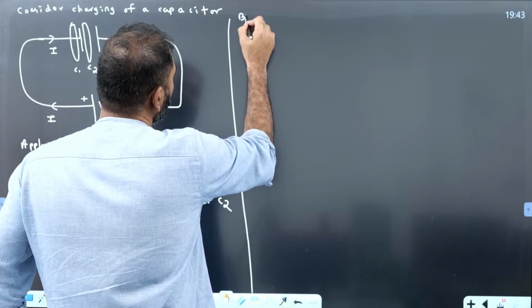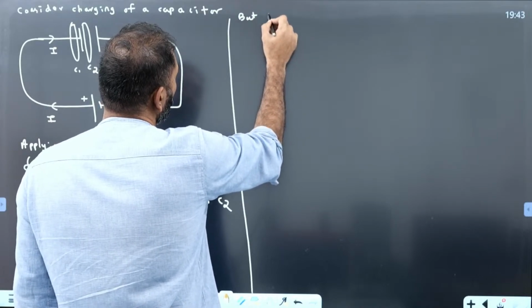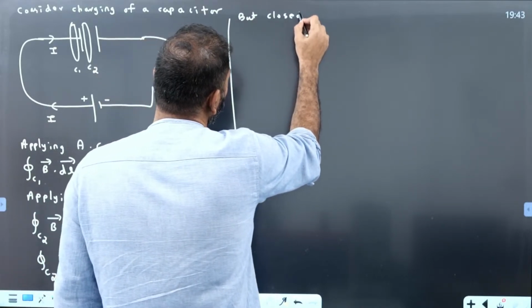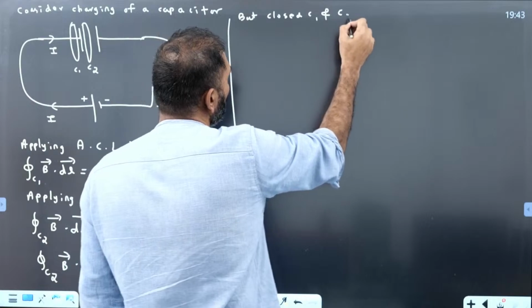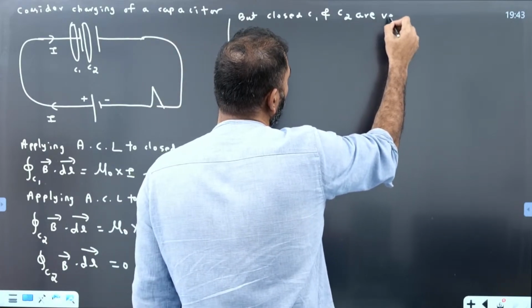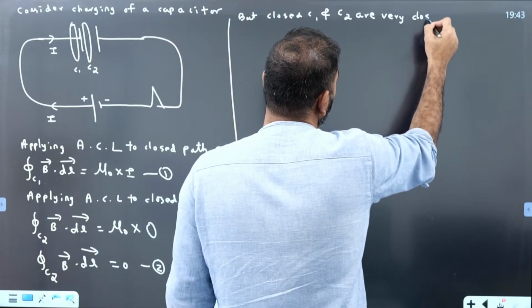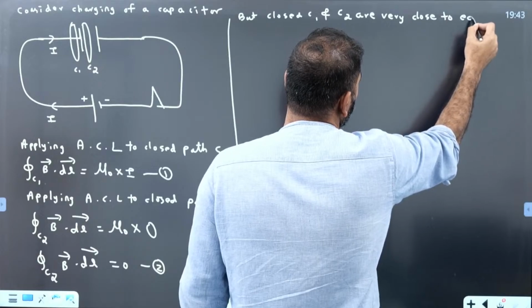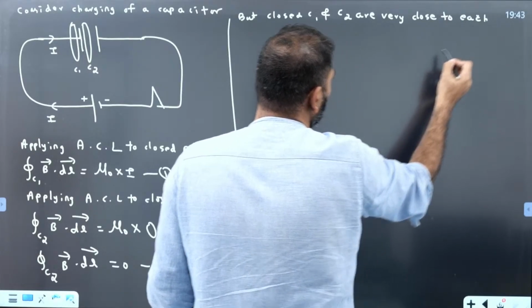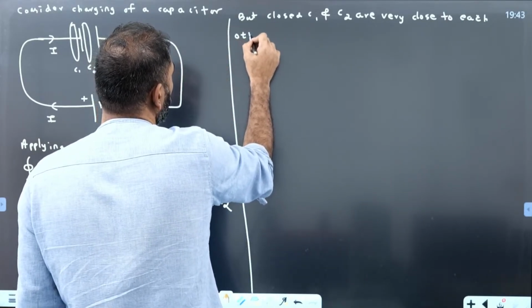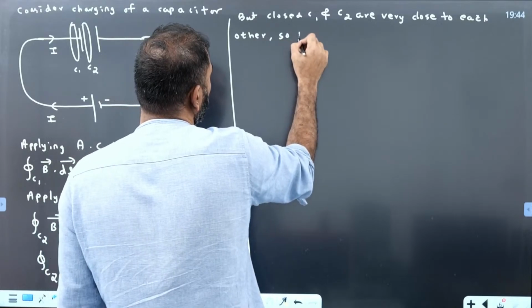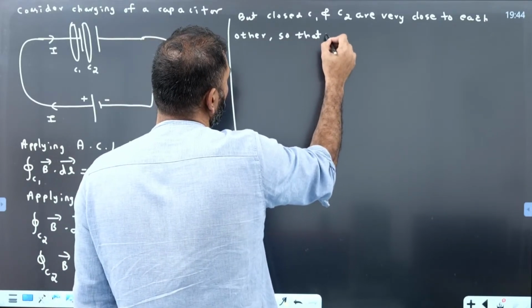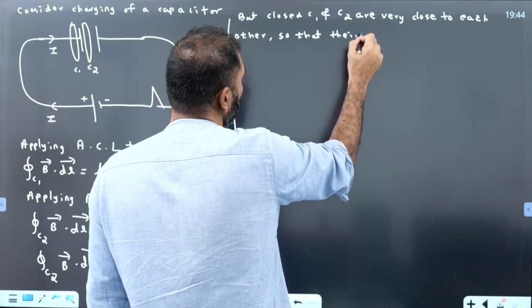But closed paths C1 and C2 are very close to each other, so that their magnetic field should be what?